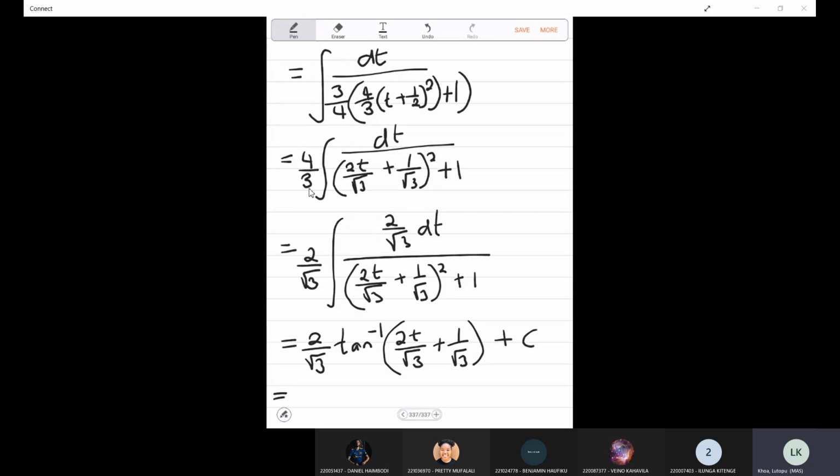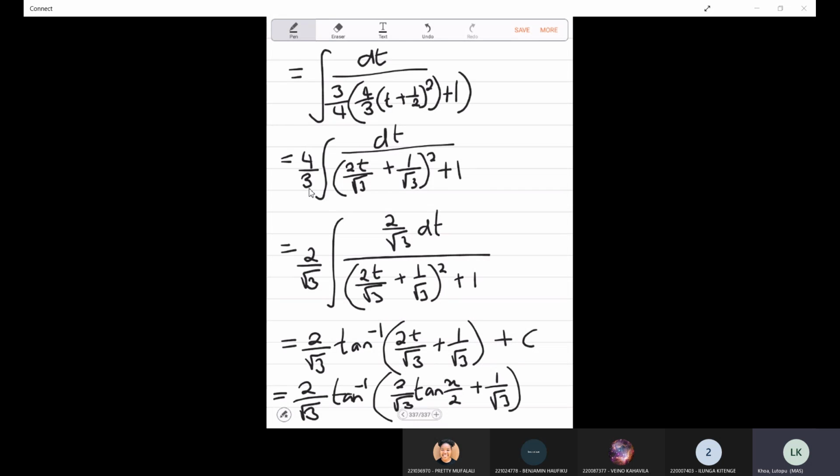So this is 2 over the square root of 3 tan inverse, and then 2 over the square root of 3, and my t we said is tan of x over 2, then you add 1 over the square root of 3, and then your constant of integration. Right, so there's a bit of algebra that has to be done when solving this question, but the basic idea, if you remember and use the substitutions correctly, you shouldn't have any problems with working this out.